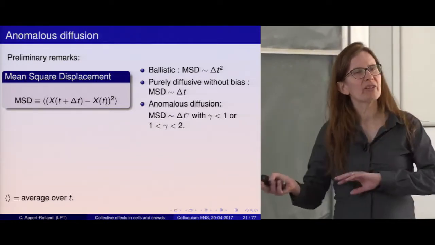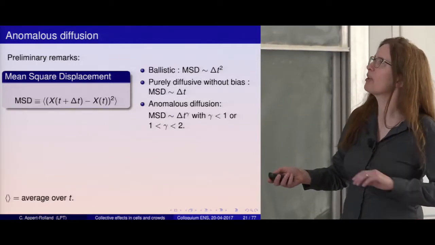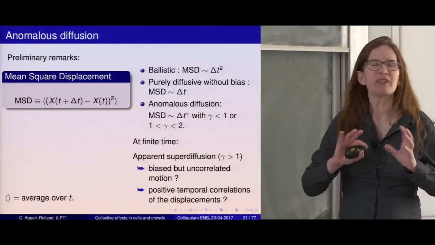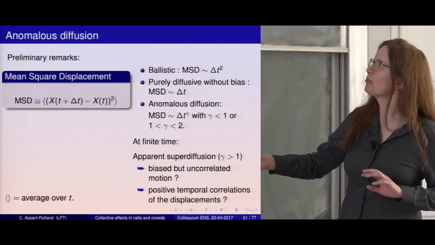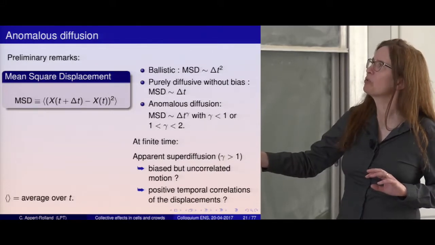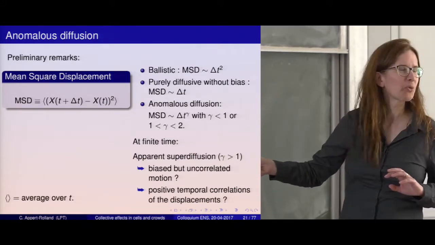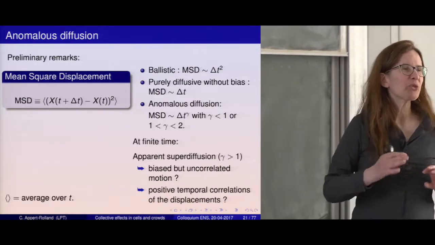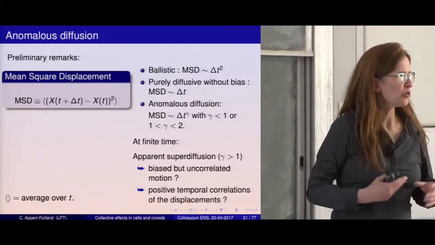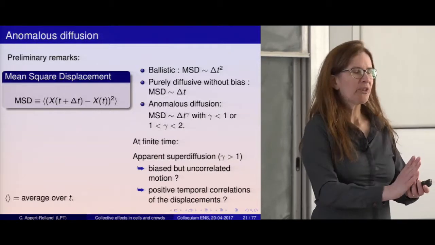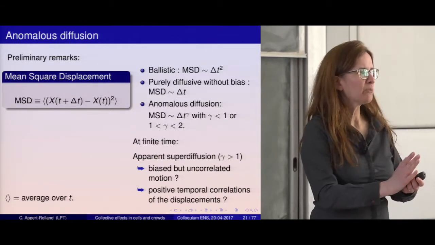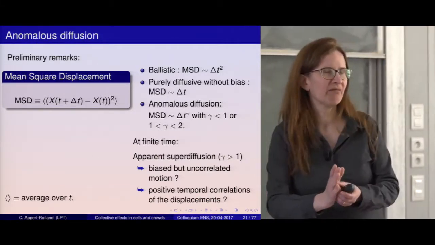The first remark is that when you measure this for finite time, it's a bit ambiguous, because when you find an exponent between 1 and 2, so you speak of superdiffusion, actually you don't know if it's really superdiffusion or if you just have diffusion, that is uncorrelated motion, plus a bias.